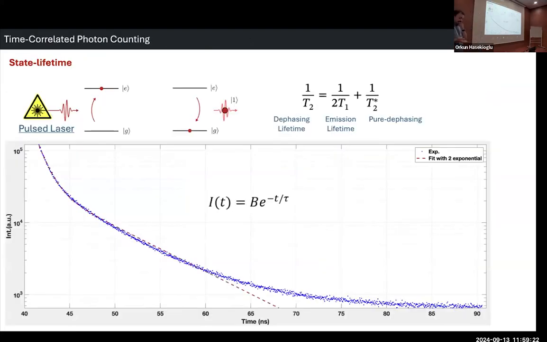Second part, we don't need this for heralded single photon sources, but if you have a deterministic single photon source, like defect centers or quantum dots, like I mentioned on Monday, then you need the electronic state lifetime. Why? Because, like I said, since they are embedded in a solid state environment, they will interact with its bands, or you can call it the environment.